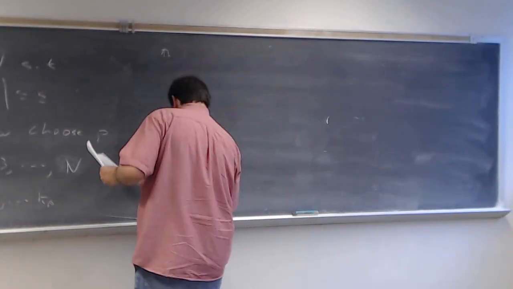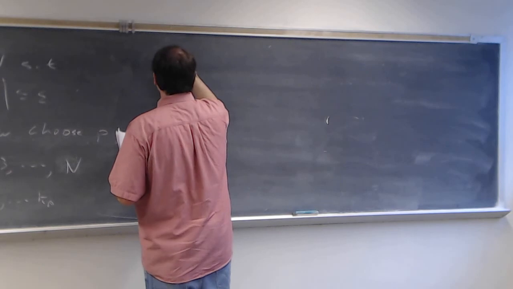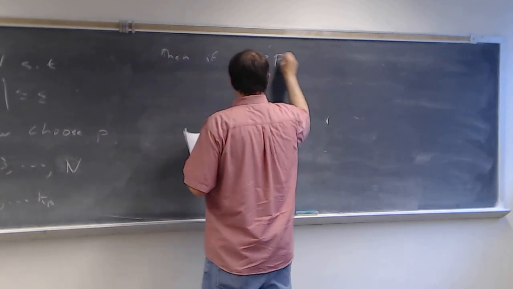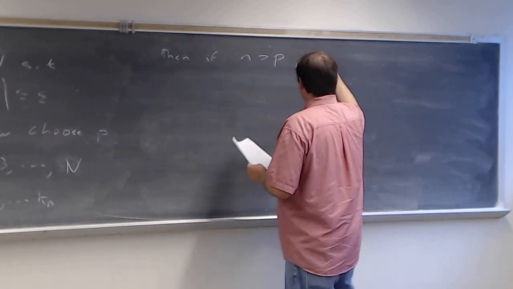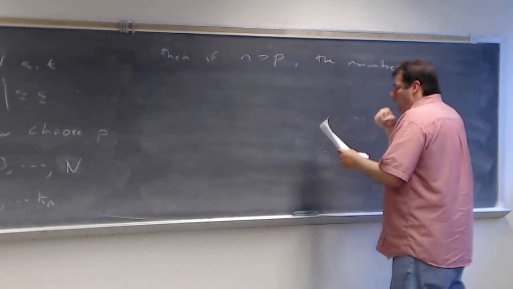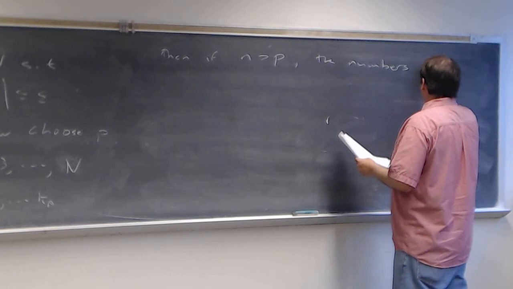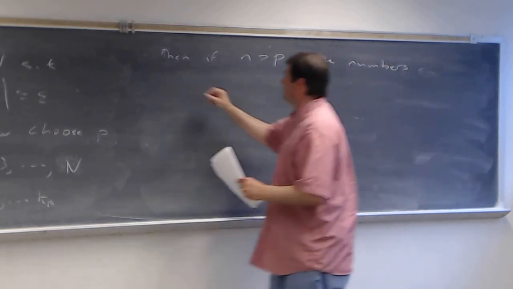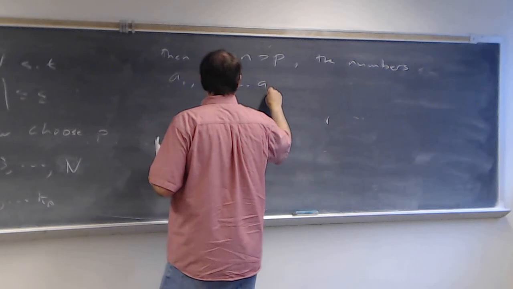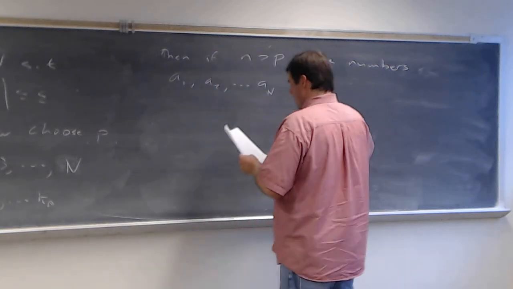Then, if n is bigger than p, the numbers a sub 1, a sub 2, all the way up to a sub big N will cancel.